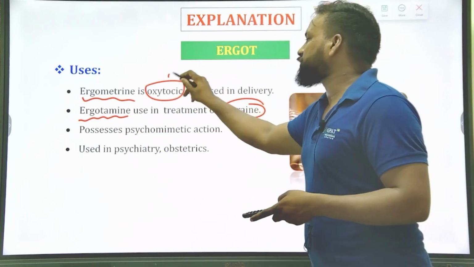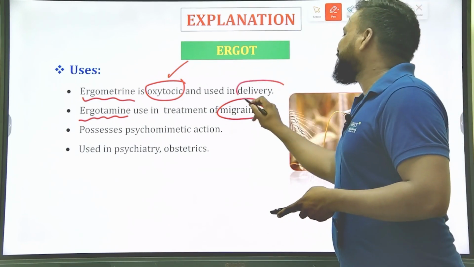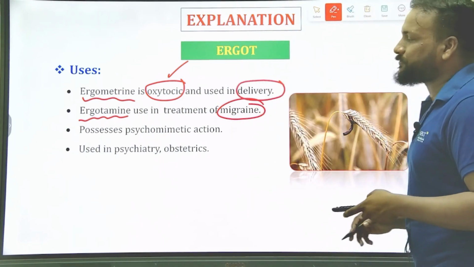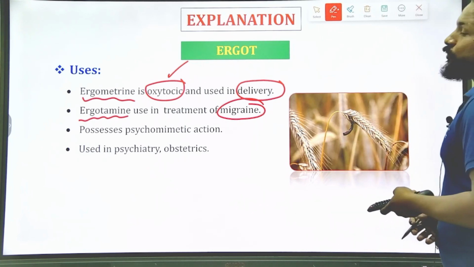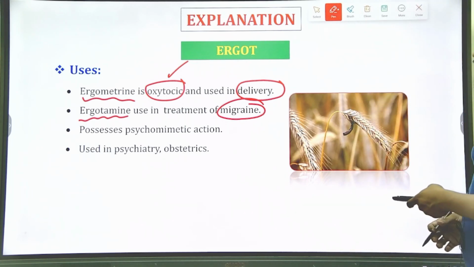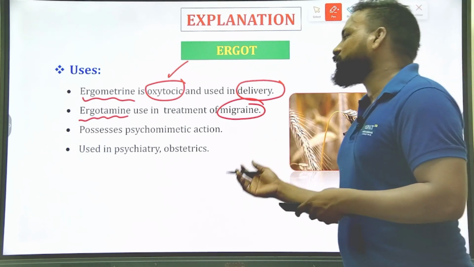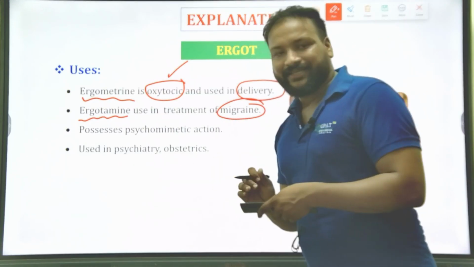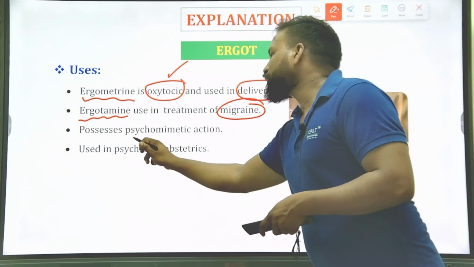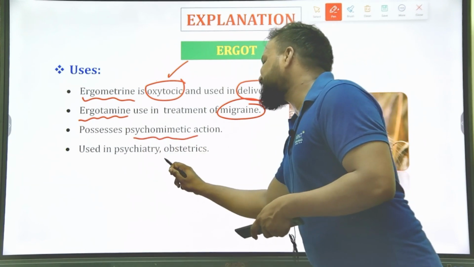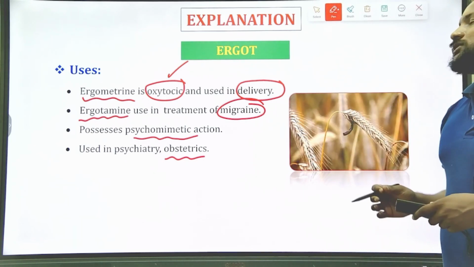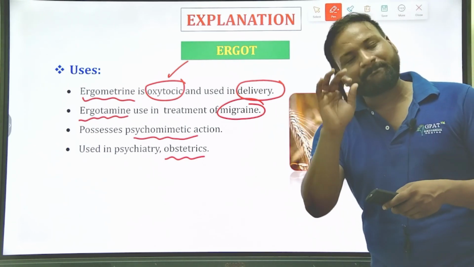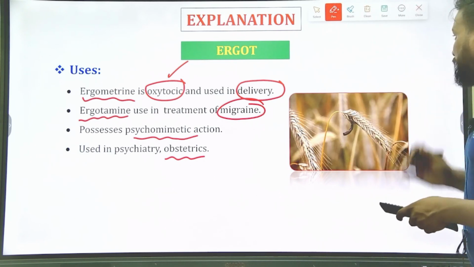Because of this oxytocic property, it is used in delivery, at the time of childbirth. Apart from that, these also possess some psychomimetic action and are used in psychiatry as well as obstetrics. The thing is, ergotamine has the migraine property. Clear? So let us move to the next question.